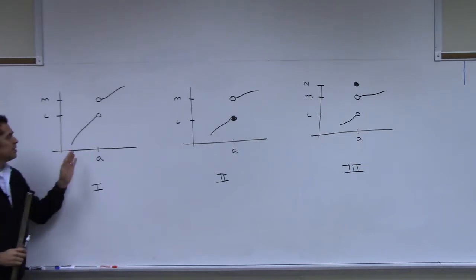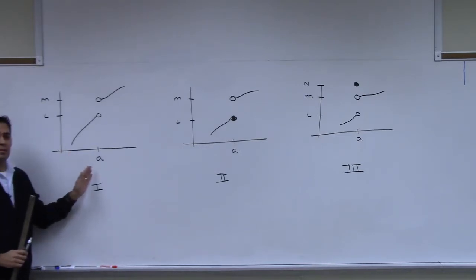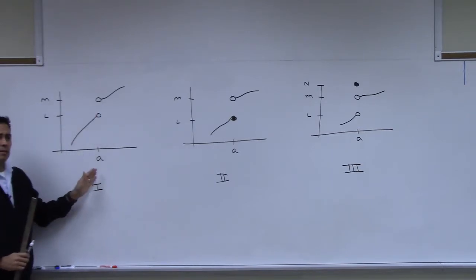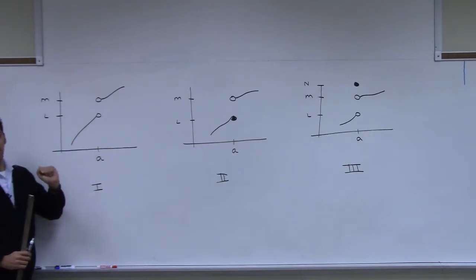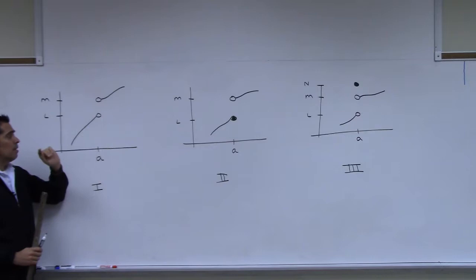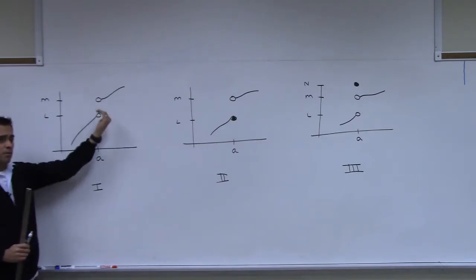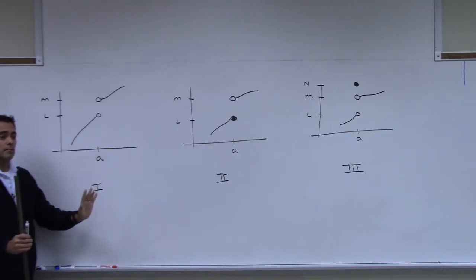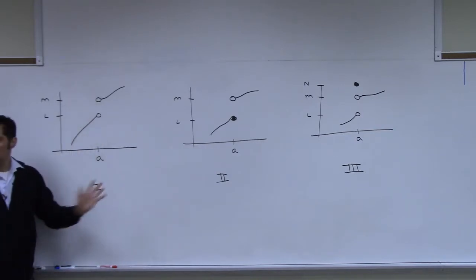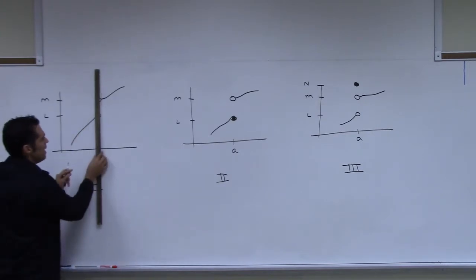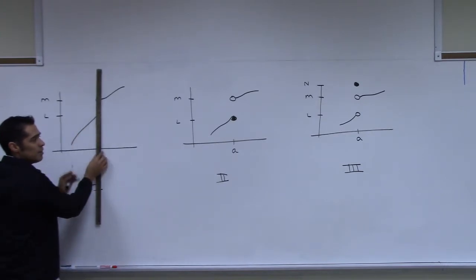Now, does the limit from the left exist? Yes, what is the limit from the left? L, right? Okay, the limit from the right? M, right? Okay, so the limit does not exist overall. From the left, it does. From the right, it does. The fact that there's a hole here actually has nothing to do with the limit. So you can kind of remember, this is where we're ignoring what's happening at A, and we're looking at left and right only.